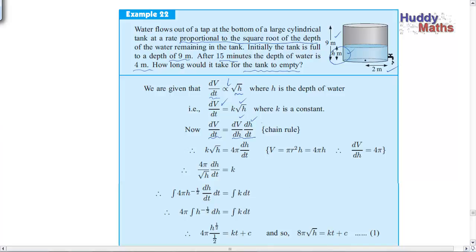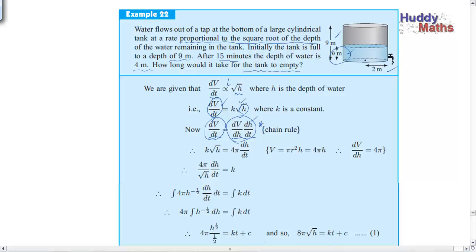So here we've got this expression, so we can then put that in place of dV by dt. Okay, so instead of dV by dt, we're going to use this one. Now, why is dh by dt necessary? Because this and this, if you like, don't match.